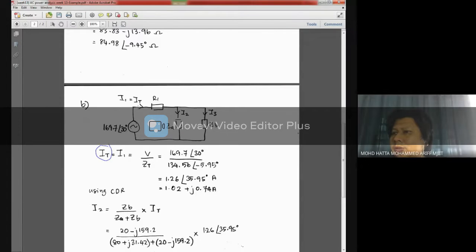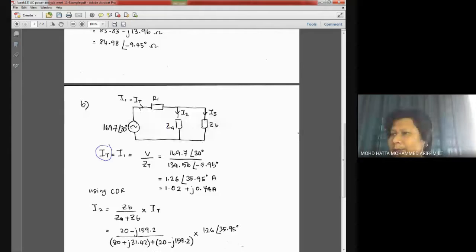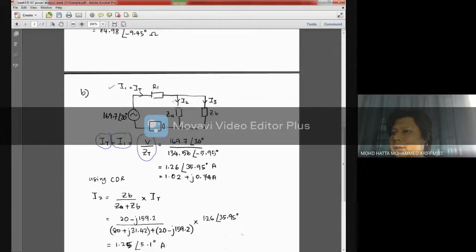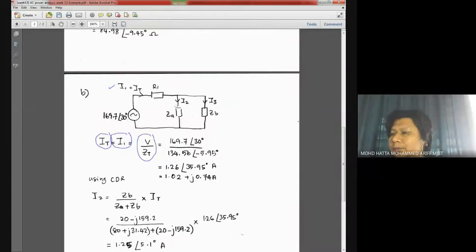So here, I total is basically the current over here, which is also I1, and can be calculated by using simple Ohm's law, V divided by the Z total that we found earlier.